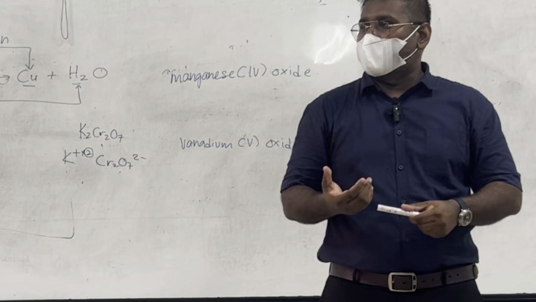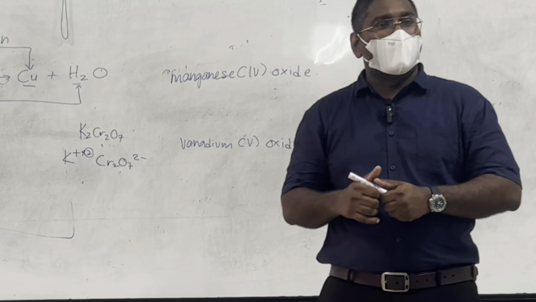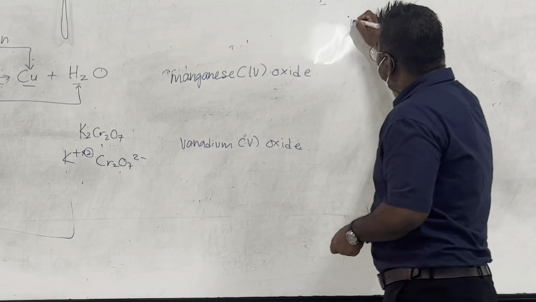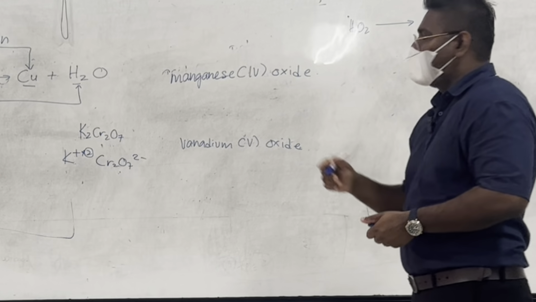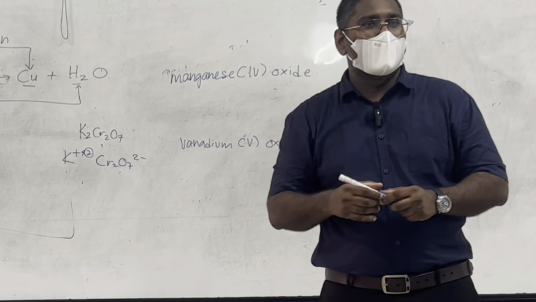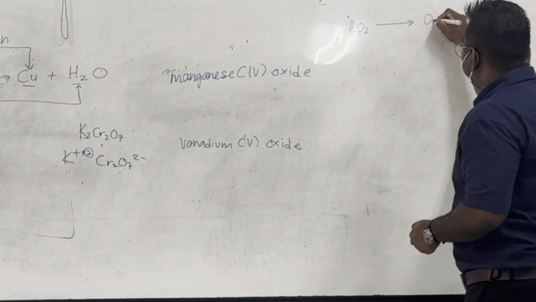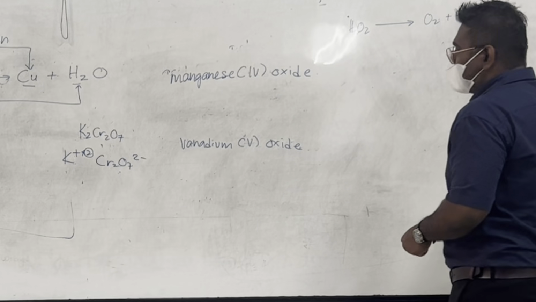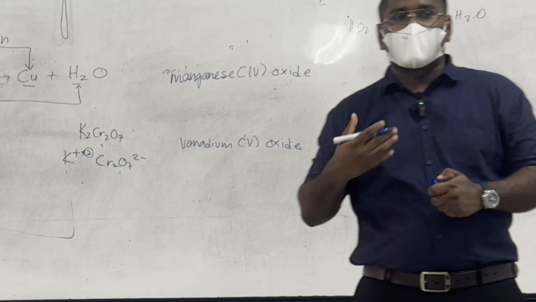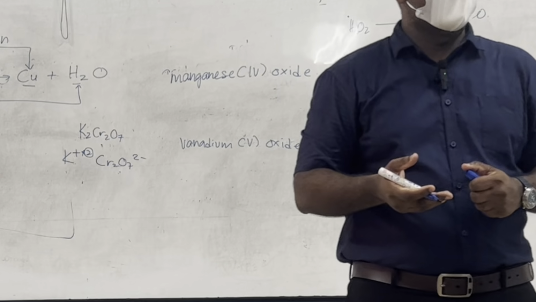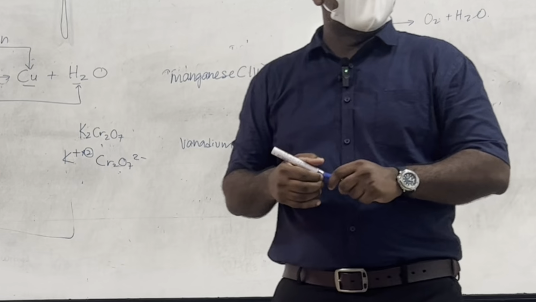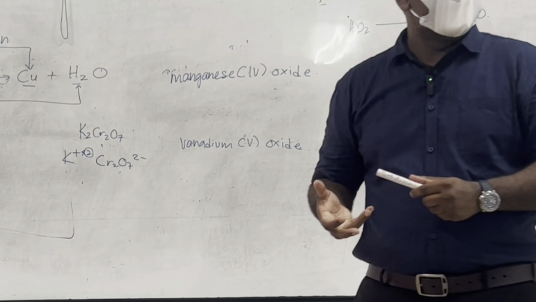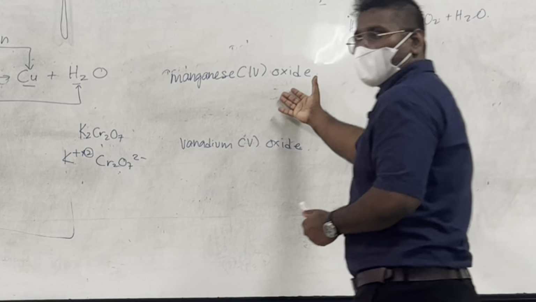One of them is when you have hydrogen peroxide, H2O2, and you add manganese 4 oxide catalyst, and they will give you oxygen and water. This is called a decomposition reaction: decomposition of hydrogen peroxide with the help of the catalyst, manganese 4 oxide.